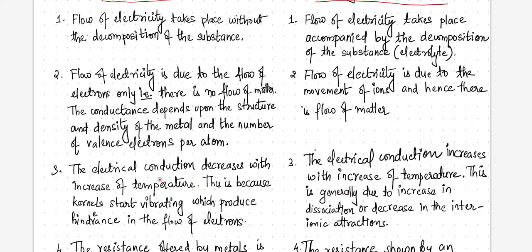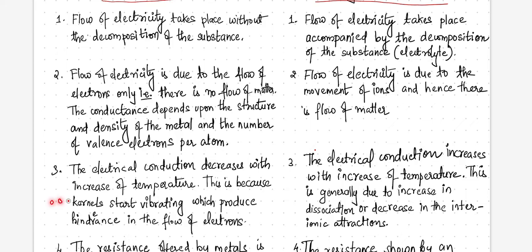Because when you increase the temperature in metals, the kernels or the lattice points in any metal start to vibrate very strongly. This vibration creates a kind of hindrance to the movement of the electrons.